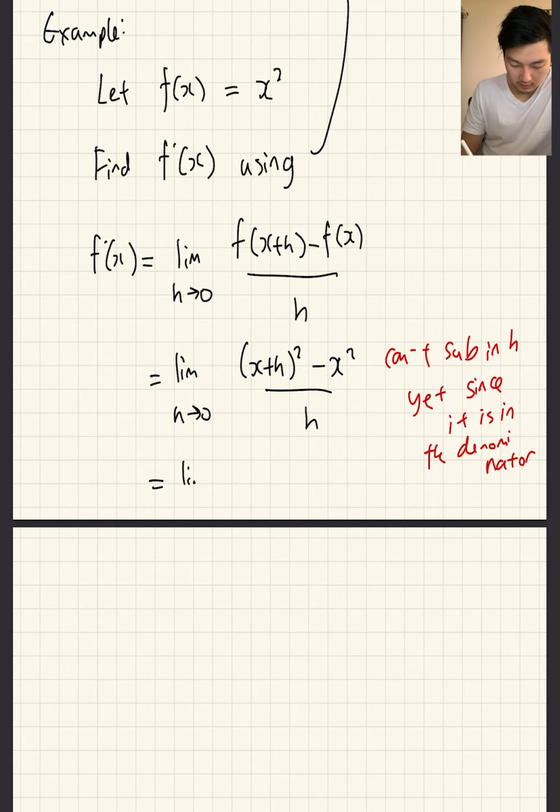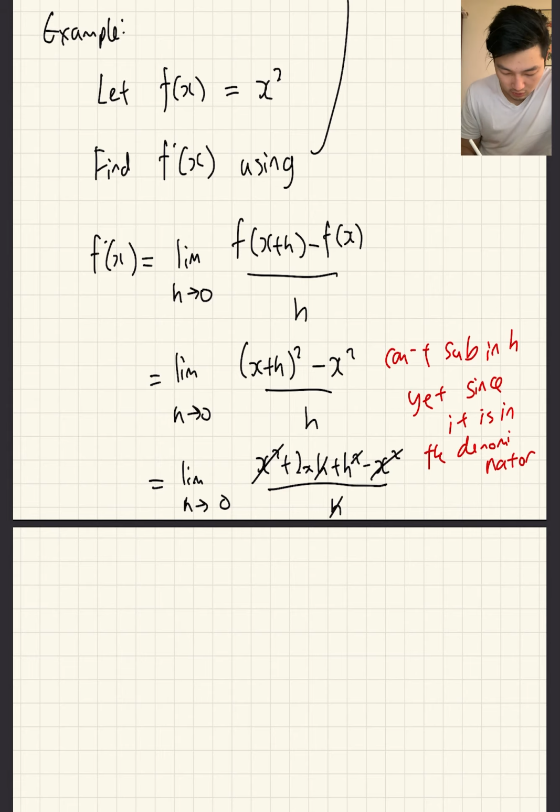So let's do the limit as h approaches 0 of x squared plus 2xh plus h squared minus x squared, all over h. The x squareds cancel out, and one of the h's cancels out from each of the terms left. That gives you the limit as h approaches 0 of 2x plus h.